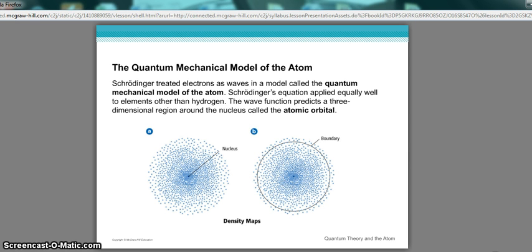So Schrödinger basically said that rather than electrons moving in a certain path around the nucleus, electrons are found in 3-dimensional spaces in the nucleus, 3-dimensional regions that he called atomic orbitals. So an orbit is a circular 2D thing.